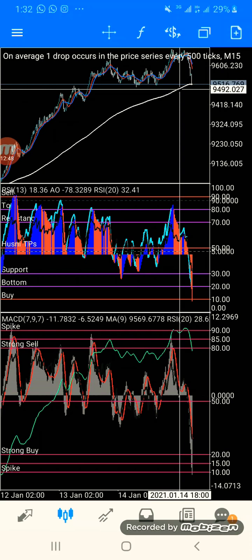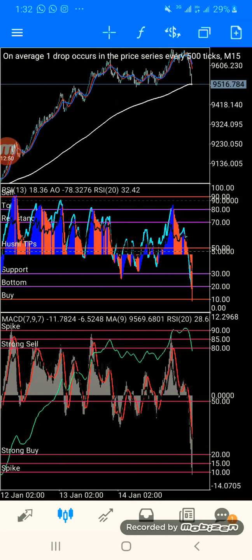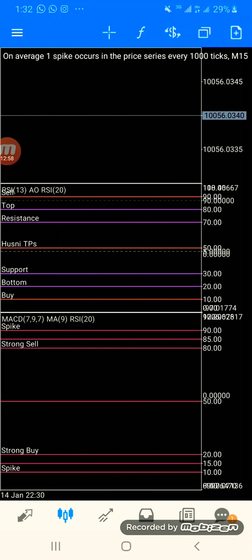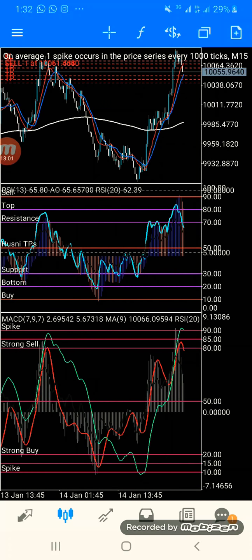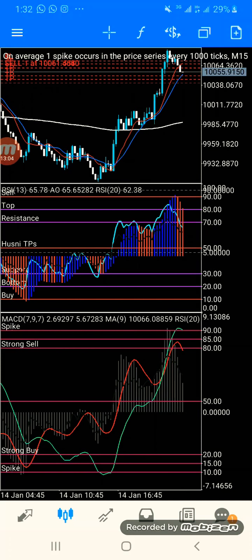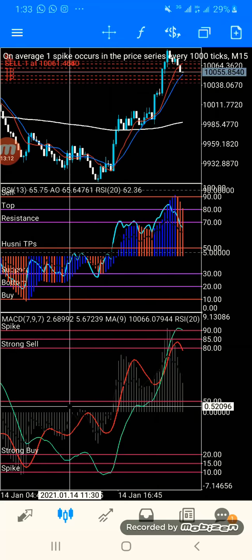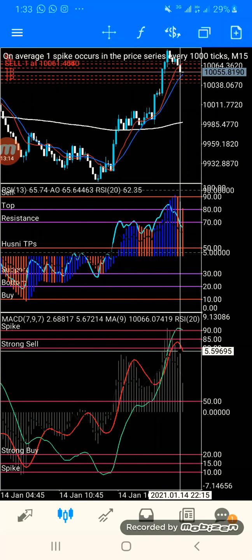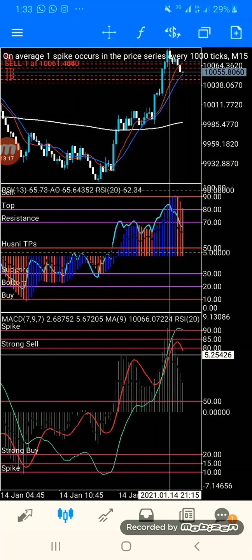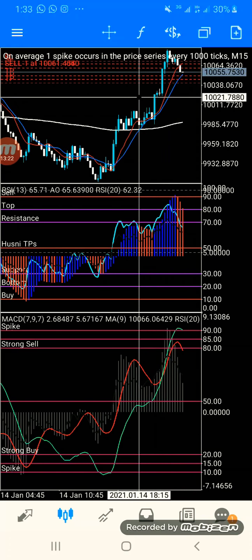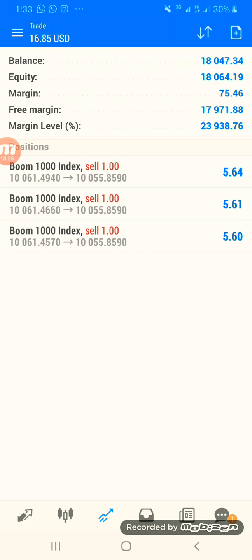So in order to make a good trade. Right now, we have checked Boom 1000, and it was the first one which gave us a nice entry as we sold. And you can see if it spikes, we have the confidence to wait. So this is how you could trade, and you can see it is now hitting TB1. TB1 was $5.